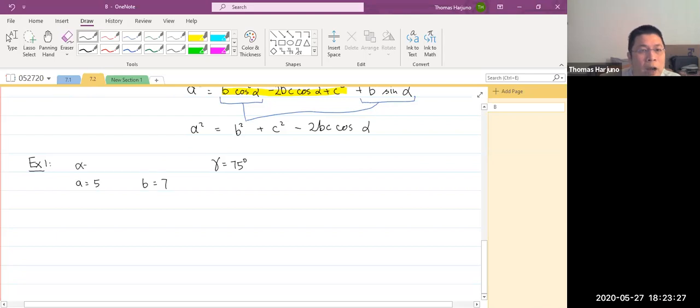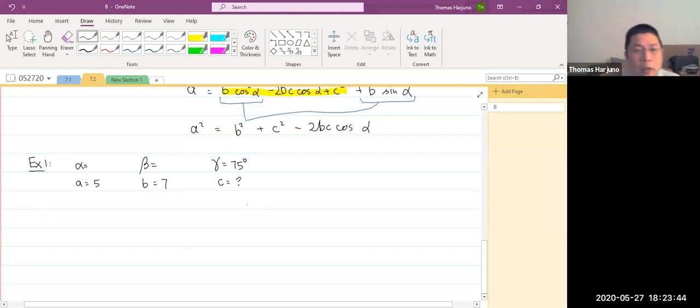I need to find side C. Of course, later on, we will solve this triangle. We will need to find angle alpha and angle beta.